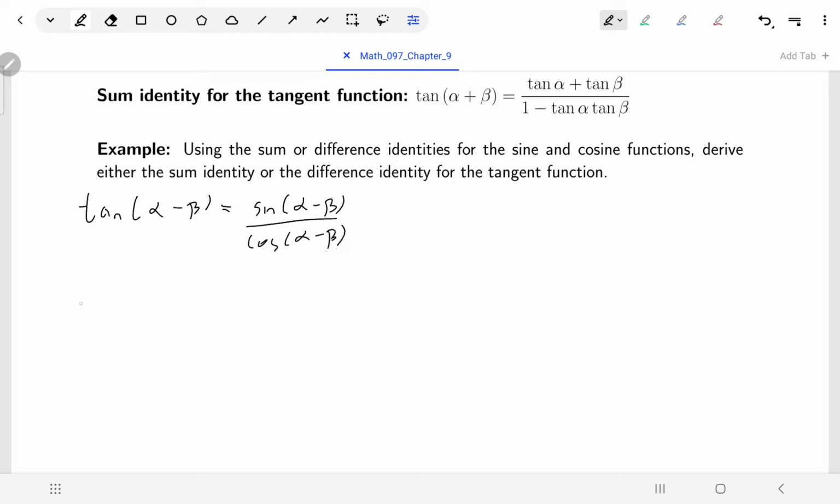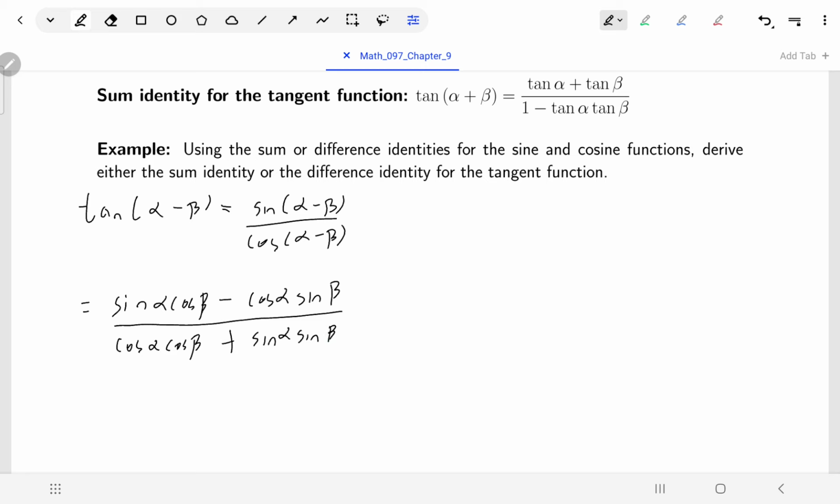And I'm just going to now use both of my identities. Sine of alpha minus beta is sine alpha cosine beta minus cosine alpha sine of beta. And then the denominator, cosine of alpha minus beta, is cosine alpha cosine beta plus sine alpha sine beta.